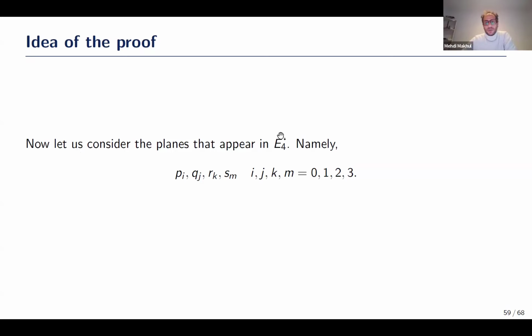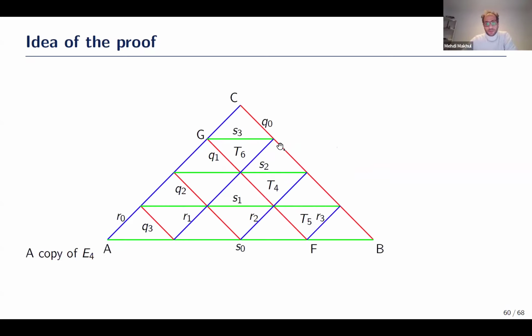Now we could go through E4. In E4, if I draw a perspective of E4 in the plane P0, then one can see that in E4 we came up with these planes R0, R1, R2, R3, and Q0, Q1, Q2, Q3, and so on.